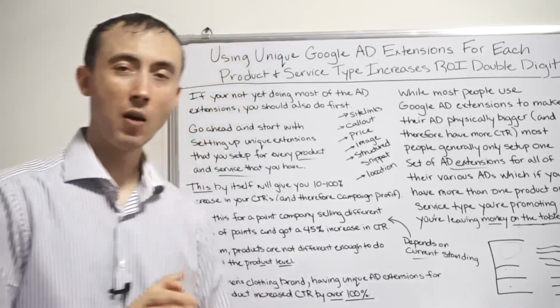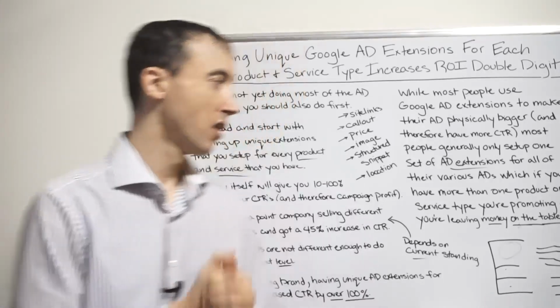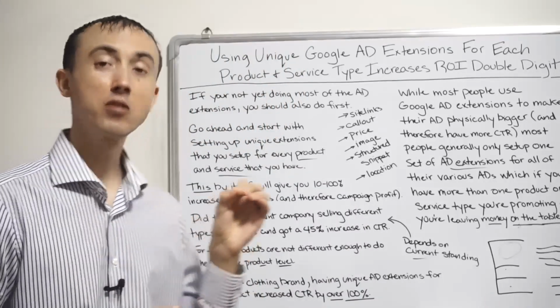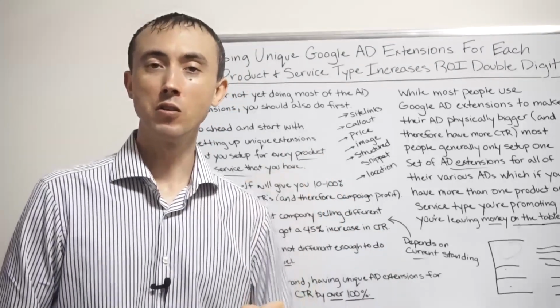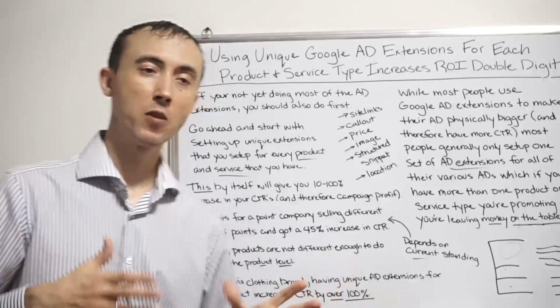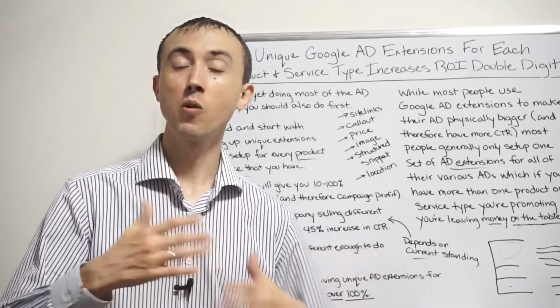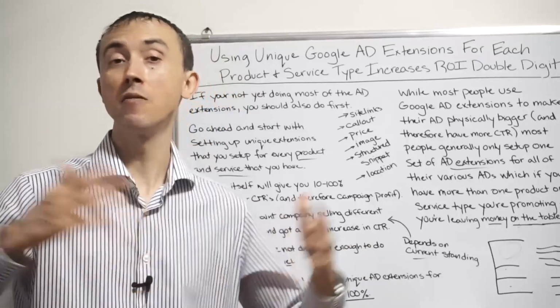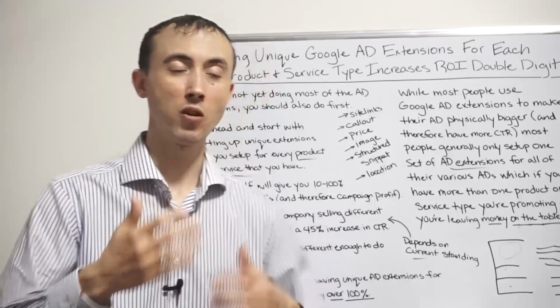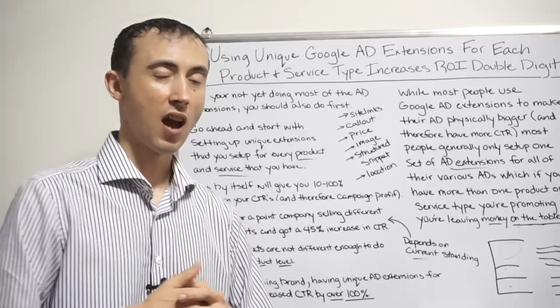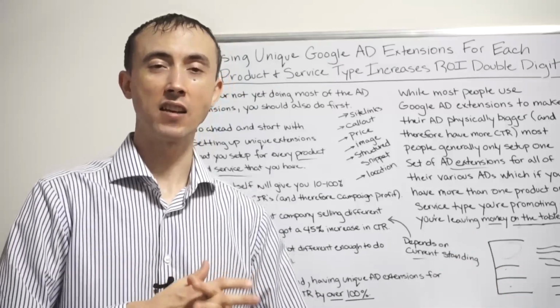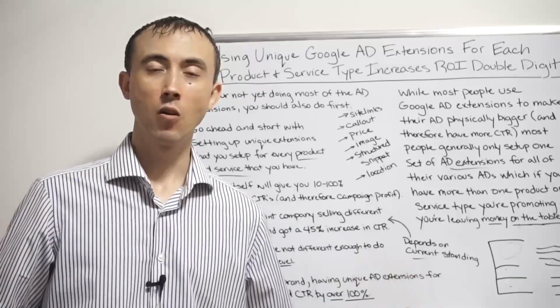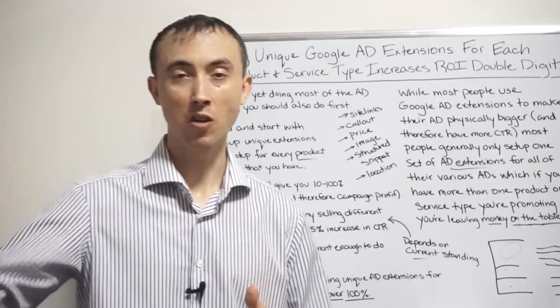So anyway, I won't say anything more about this. It gives you some general ideas of what you can do to get more out of your search campaign if you haven't even used ad extensions. But even if you're using ad extensions, 98% of you aren't doing ad extensions for every single ad or every single product or service that you have.